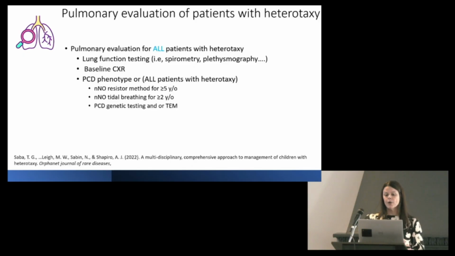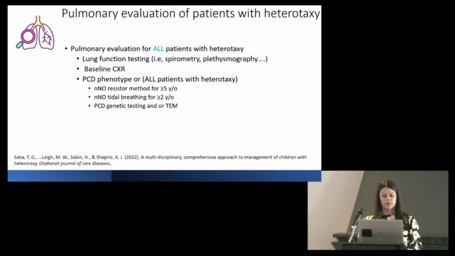So how do we evaluate these patients? Hopefully there's been enough evidence here today to demonstrate that every patient with heterotaxy should be evaluated by a pulmonologist. When able, we should be getting lung function testing. And patients with respiratory symptoms that meet the PCD phenotype criteria should be evaluated.